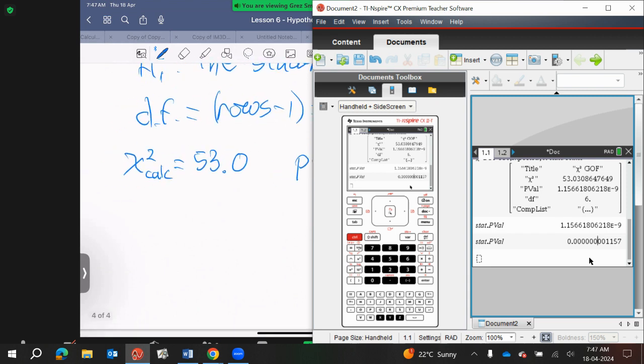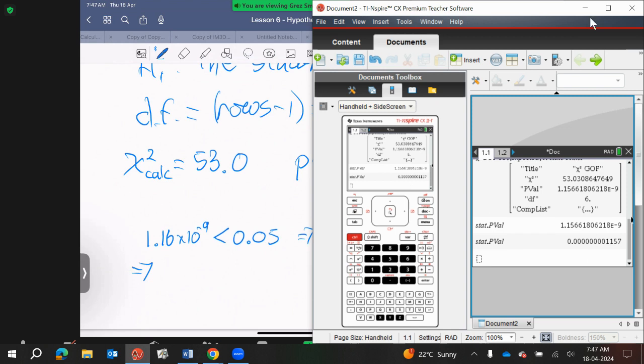Any of your hypothesis testing always has to have an inequality in the conclusion. So 1.16 times 10 to the minus 9 is a lot less than 0.05, which is the significance level. This implies the p-value is less than the significance level.